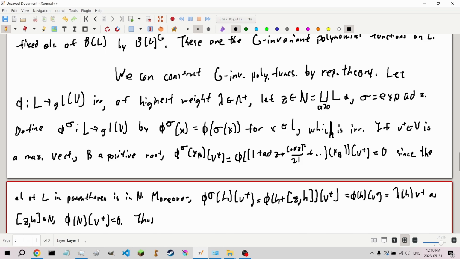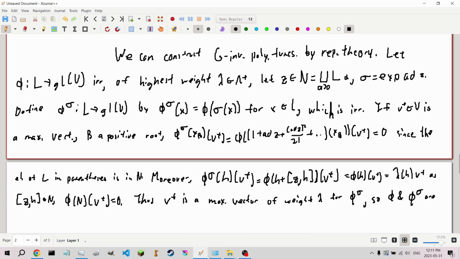What this is saying essentially is that V plus is now a maximal vector of weight lambda for this new representation. So our two representations are equivalent. So they're essentially saying that their L module structures are isomorphic.